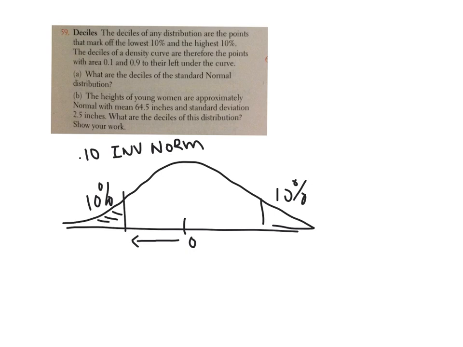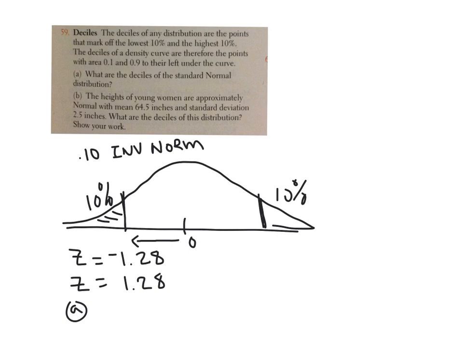The z would have to be negative 1.28. How many standard deviations do we have to go down to get to that 10%? Well, it's a symmetric graph, so that's a negative 1.28. On the high side, it would have to be a positive 1.28. So that is for letter A.